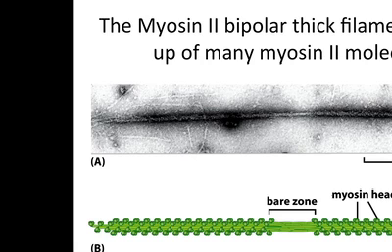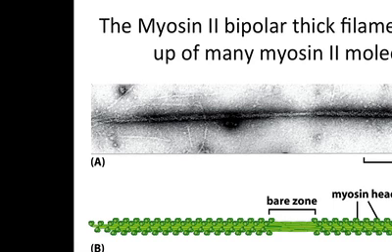Right, so myosin 2 forms the bipolar thick filament that you've learned about with muscle contraction. And so it's a whole bunch of myosins. It's not one. It's a whole bunch of them that are organized bipolar. So some are facing this way with their heads this way, and some are facing this way. And those long coil domains are wrapped around each other.